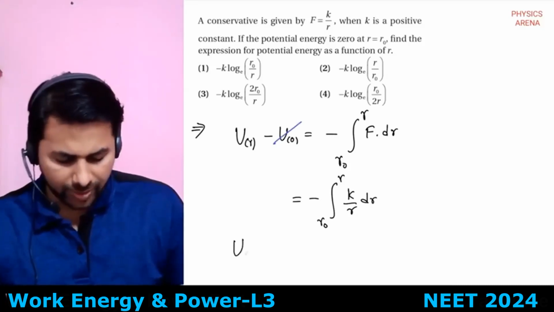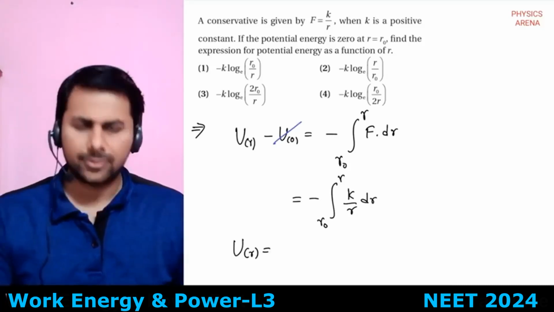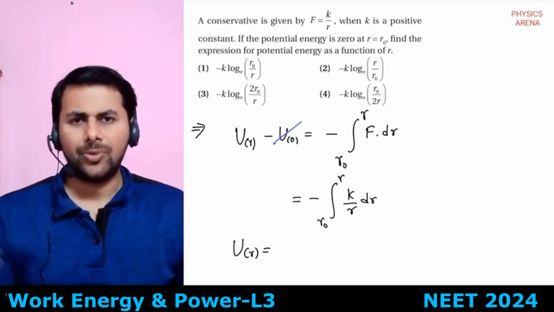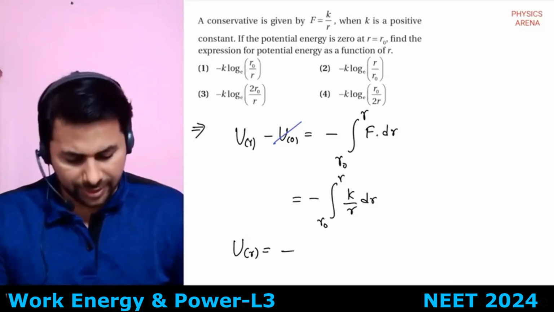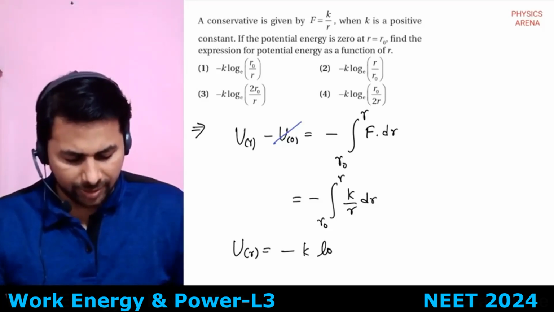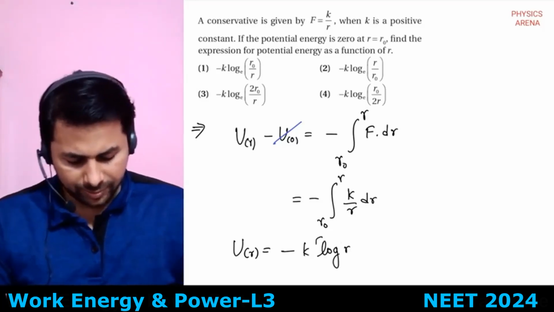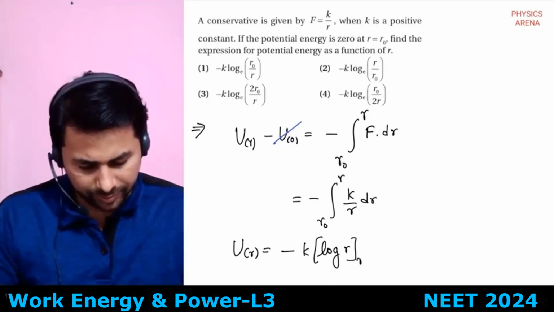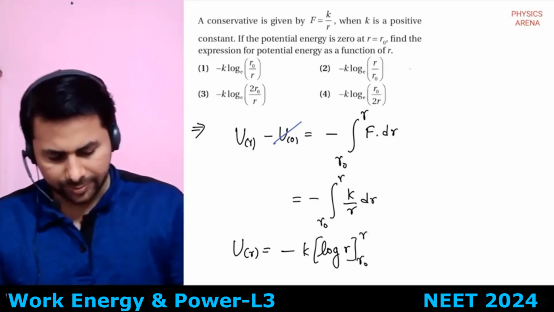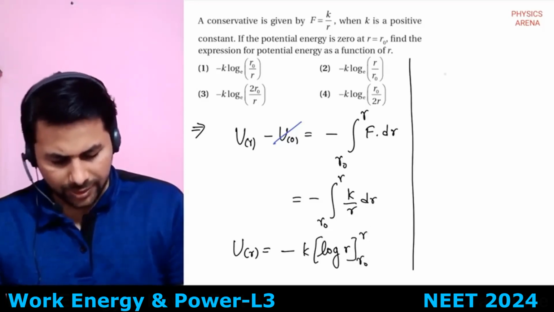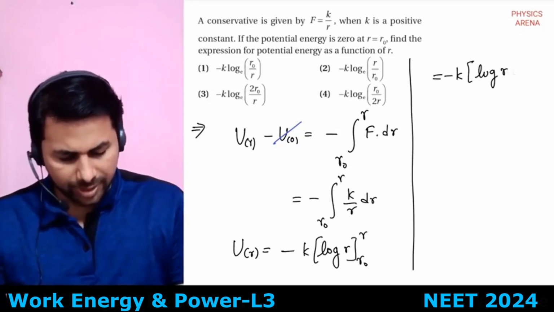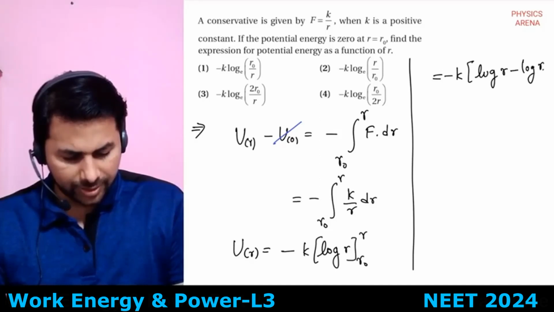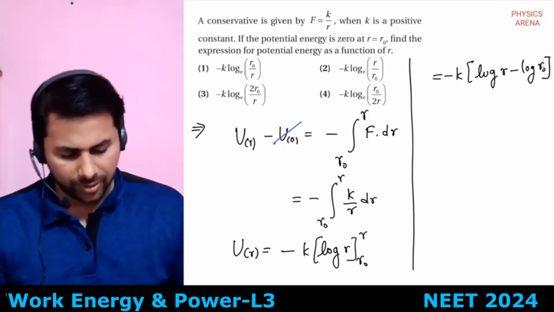Therefore U of R equals minus K multiplied by the integral of 1 upon R, that is log of R, from R naught to R. That is just minus K times log of the upper limit minus log of the lower limit, log of R minus log of R naught.